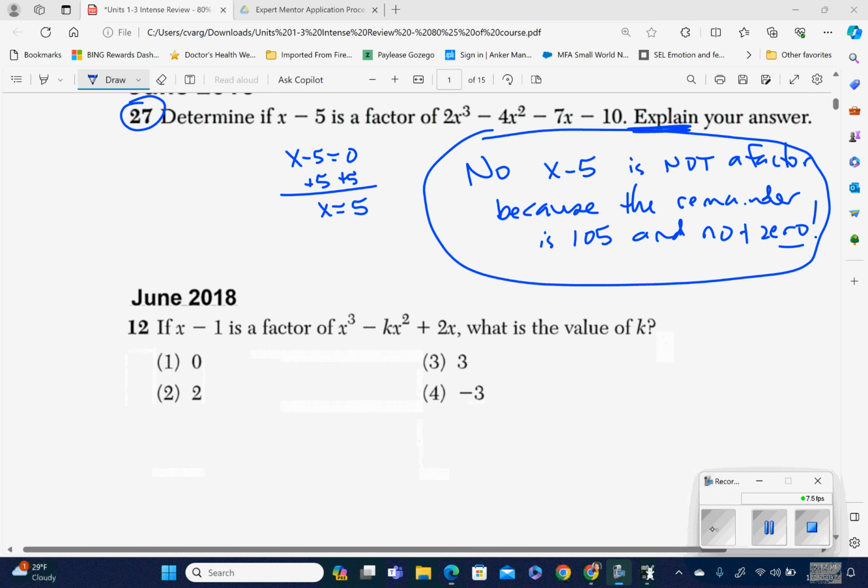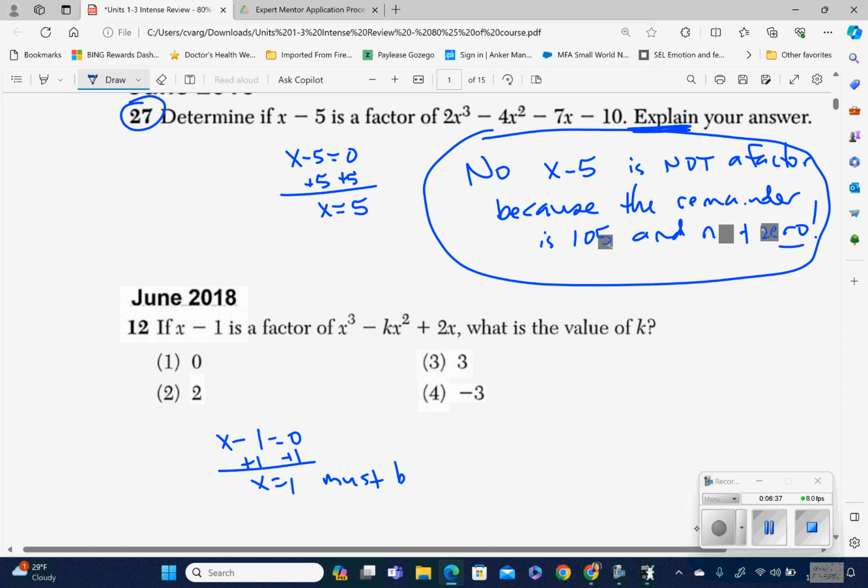Okay, so if you understood what we did with the problem above, this next one should be pretty straightforward, right? So I do the same thing. X minus 1 is equal to 0, add 1, and I get x equals 1. So this must be a factor of our expression right here.